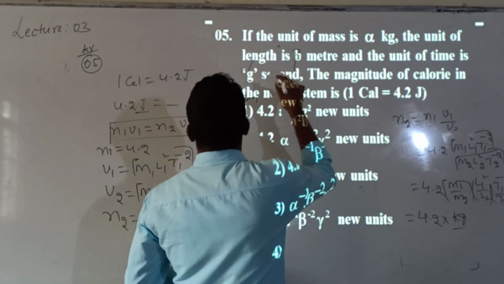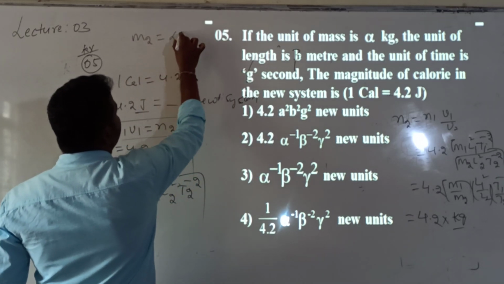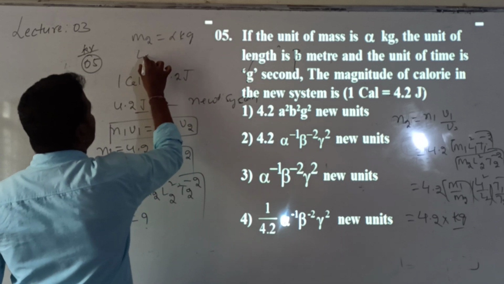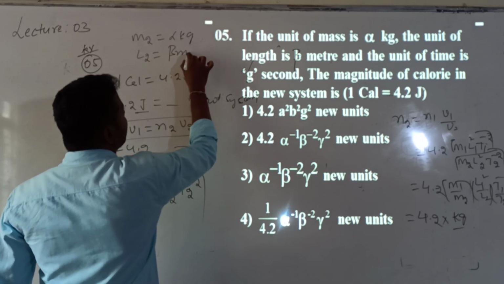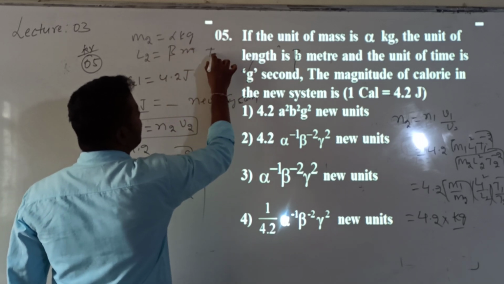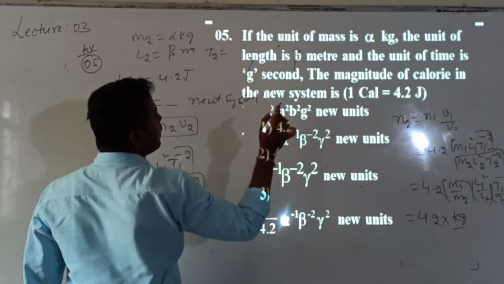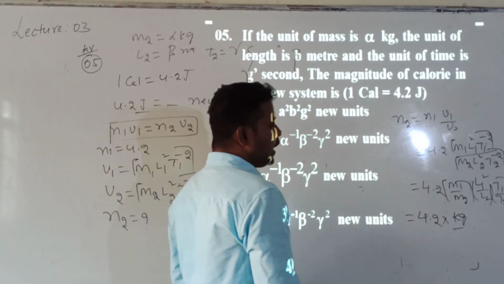In the new system we can write values here: M2 value alpha kg, L2 value beta meter, and T2 value gamma seconds. Then what will I get?